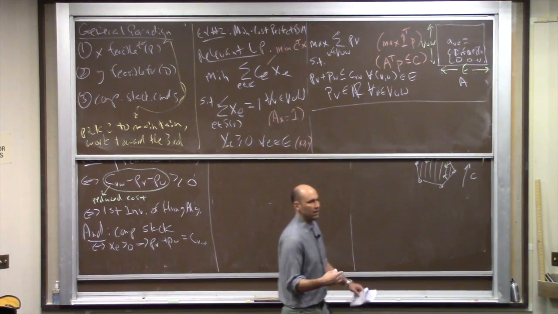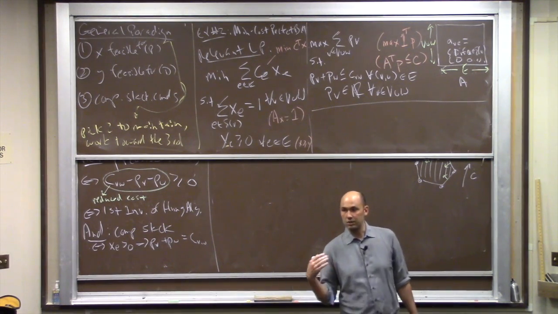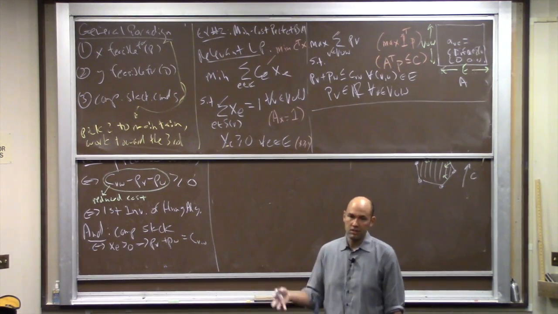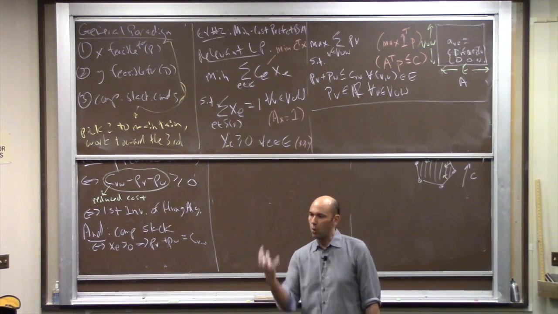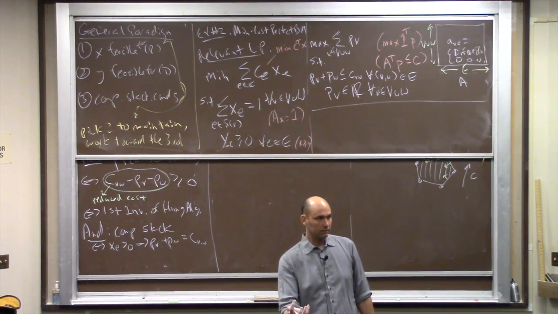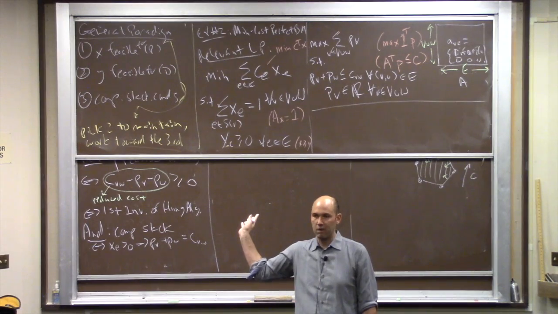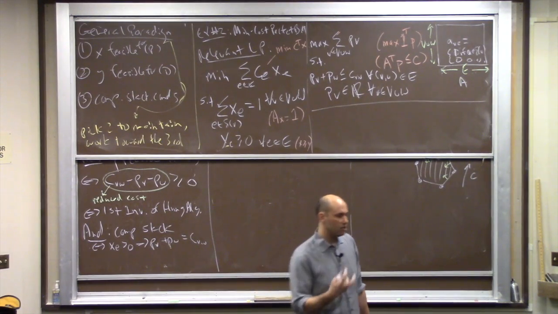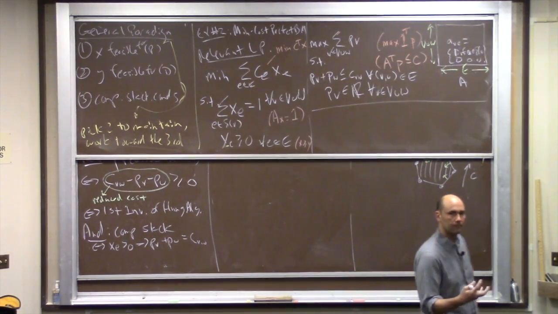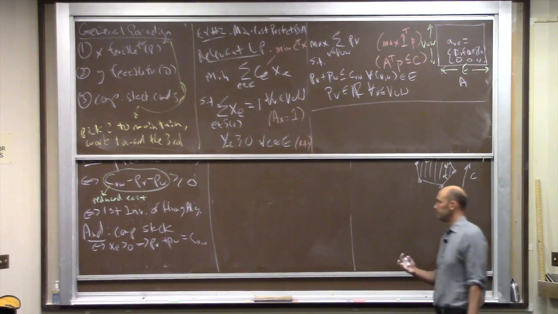The first invariant of the Hungarian algorithm was that all reduced costs of all edges are always non-negative. The second invariant was only about the edges in the matching, which correspond to a positive primal variable, and it said that the edges in the matching better be tight. Okay? That was the second invariant.